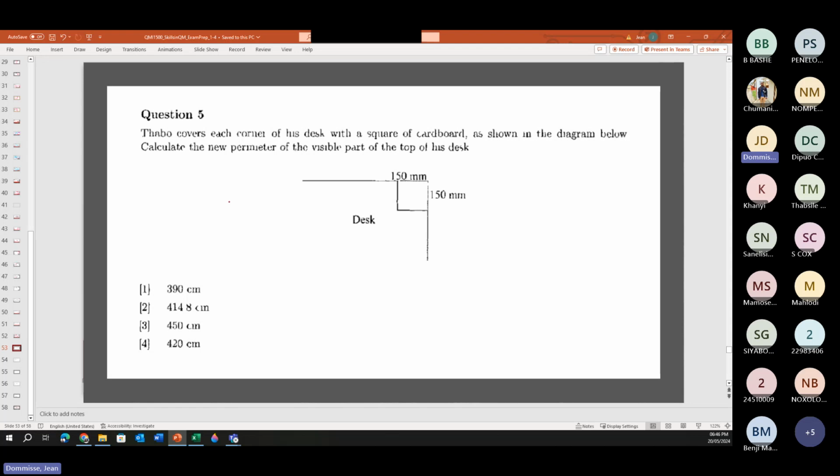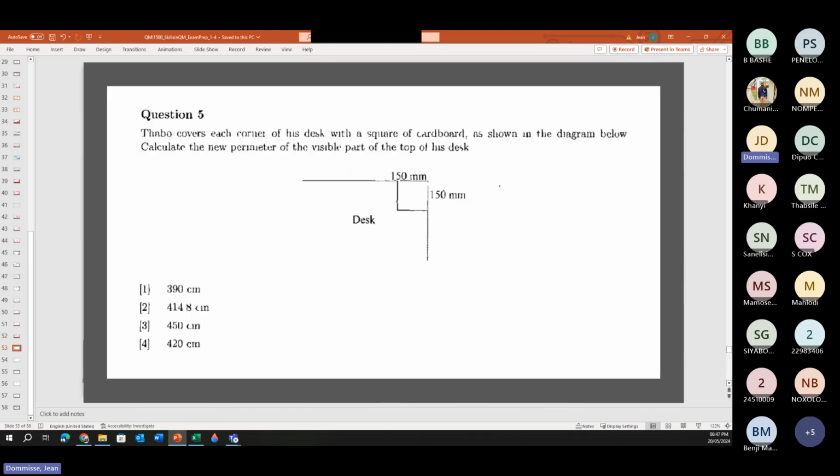Calculate the new perimeter of the visible part of the top of his desk. Okay, this is a weird question.